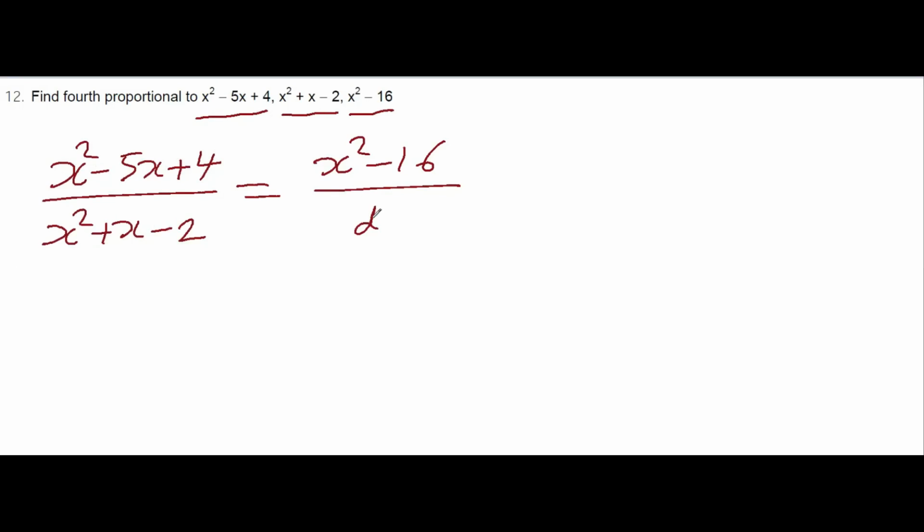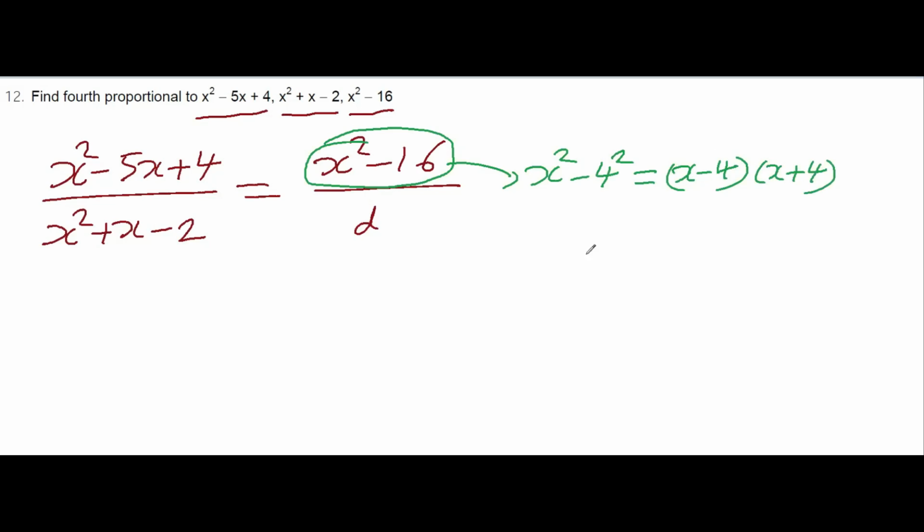So let me call this D. Now I know that x square minus 16 I can write as x square minus 4 square, and I know the formula of x square minus y square, that is x minus y into x plus y. So based on that formula I wrote this.